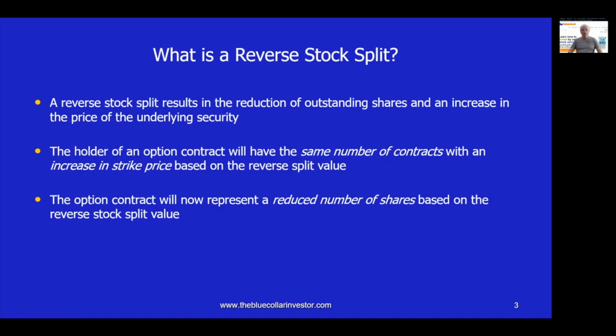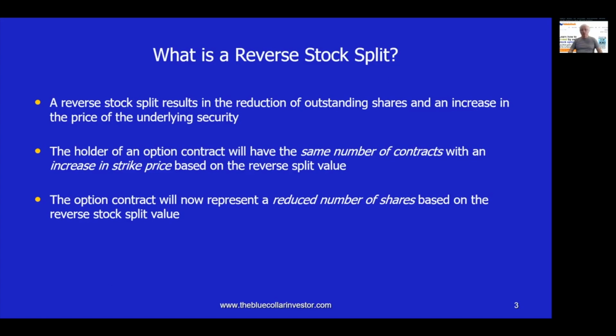Let's focus next on specifically the reverse stock split. This is where there's a reduction in the number of outstanding shares, but an increase in the price of the underlying security. So the holder of an options contract, calls or puts, will have the same number of contracts, but there'll be an increase in the strike price based on that reverse split value.